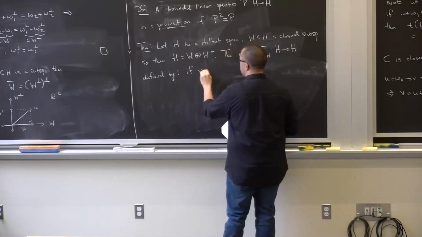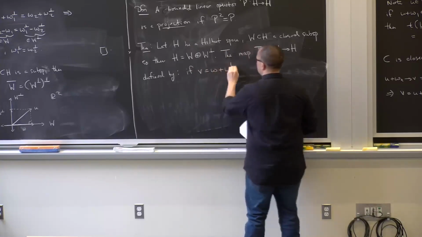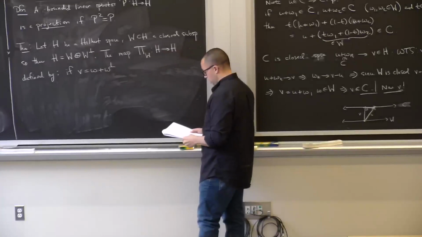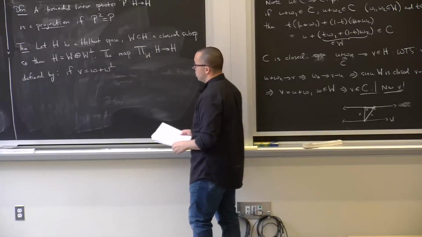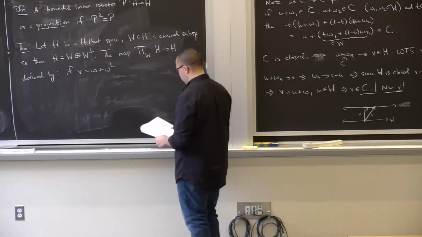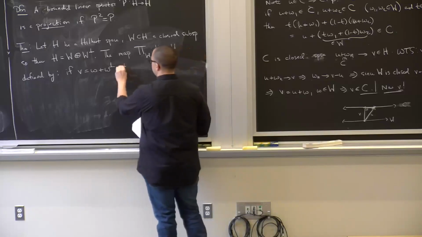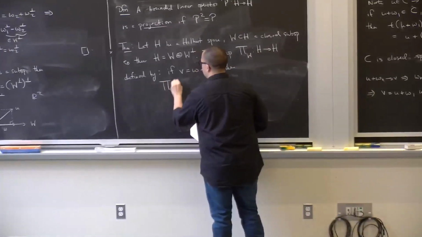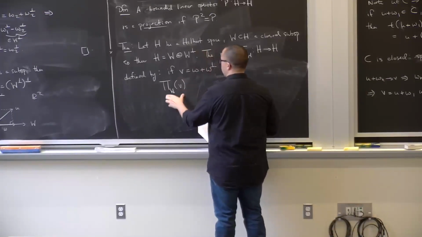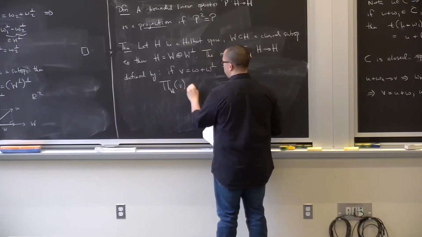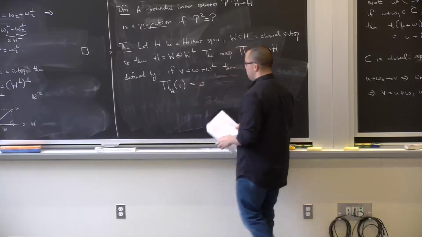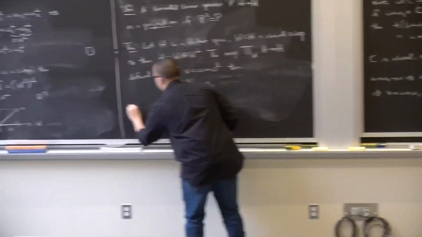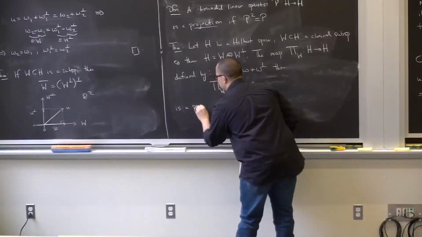If V is equal to W plus W perp, so I take an element in the Hilbert space and decompose it as a part that's in W and a part that's in W perp, then the definition of this map evaluated on V is just W. This map is a projection.